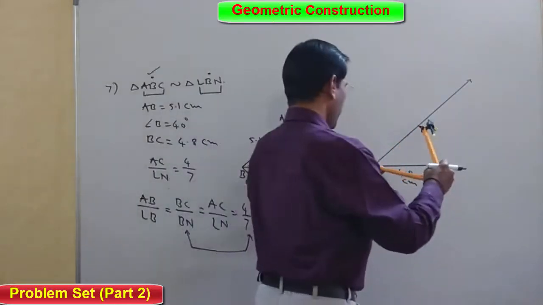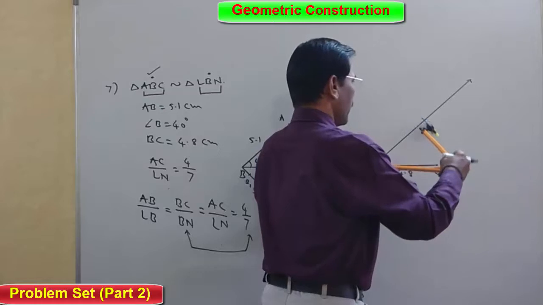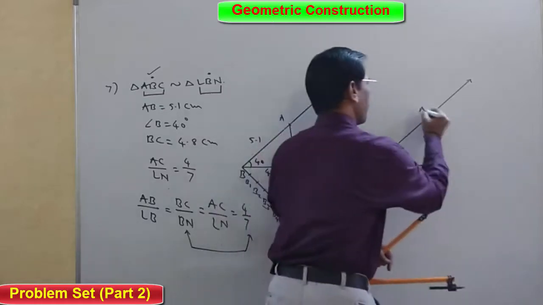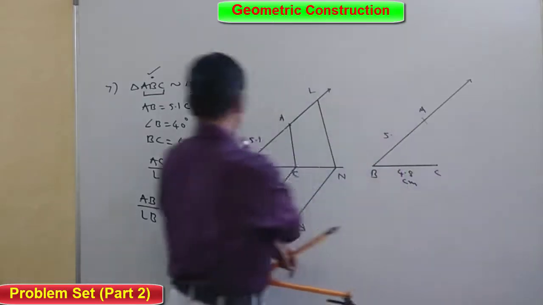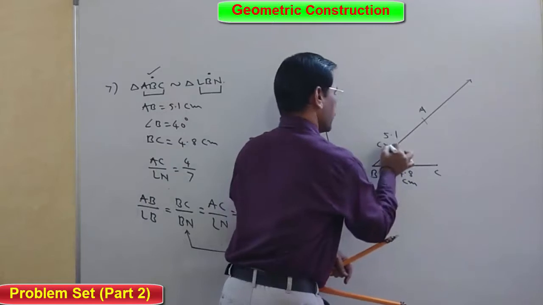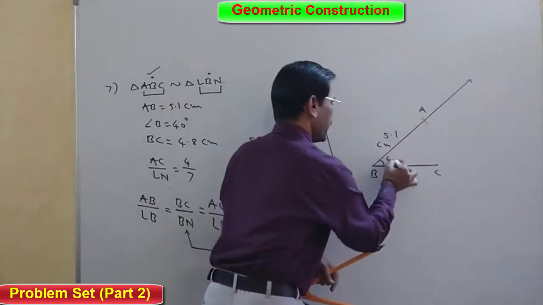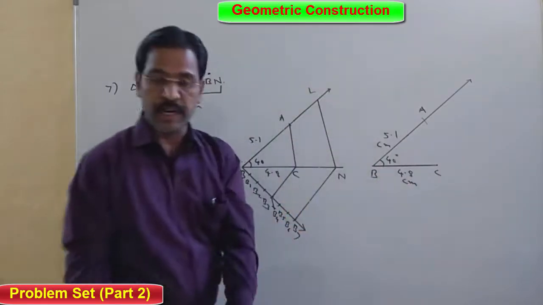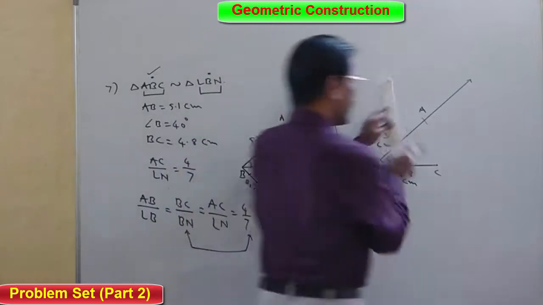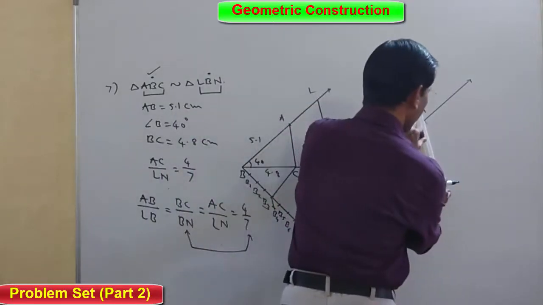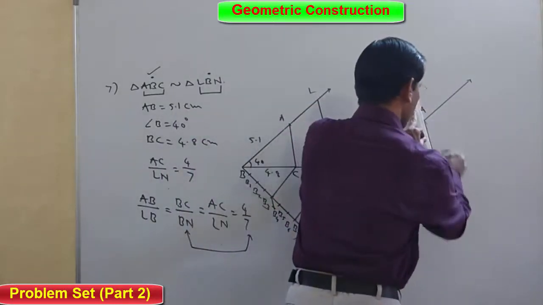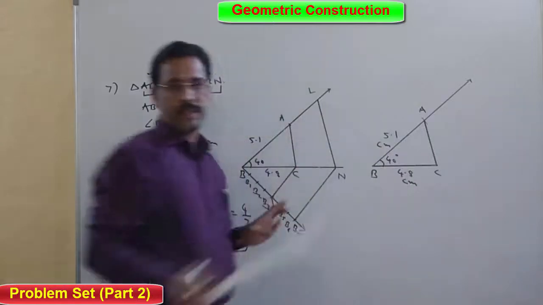Now from B we have to draw one arc here. This is A, 5.1 centimeter. This is a 40 degrees angle. Now just try to join AC to get the triangle ABC. Okay friends, this is the triangle ABC.